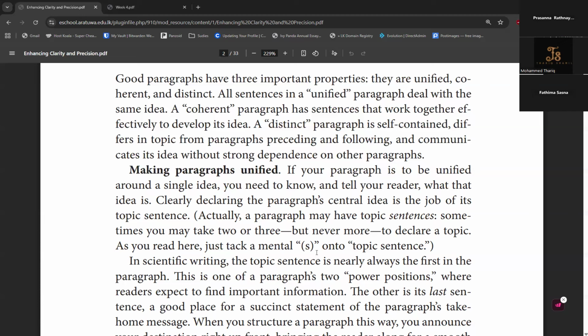Distinct nature of a paragraph. Okay. Sasna? Here they mention making a paragraph unified means how to clearly declare the paragraph's central idea. Well, yes. Perfect.